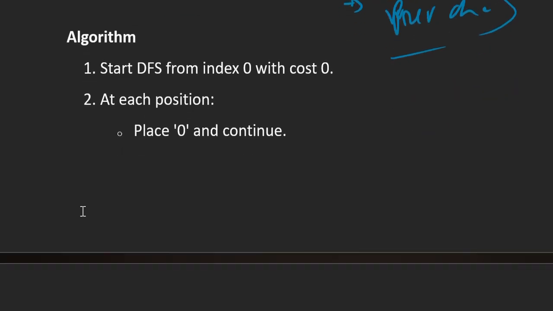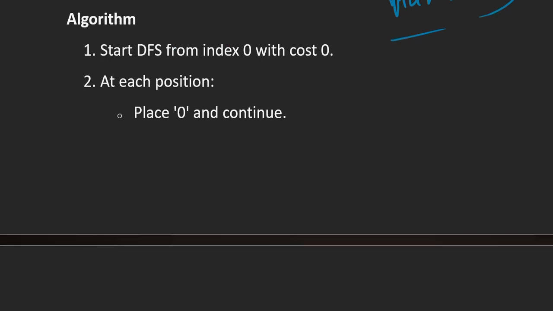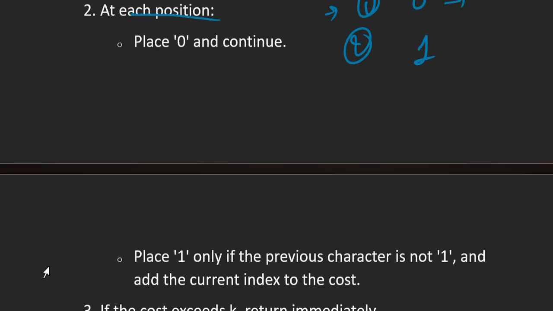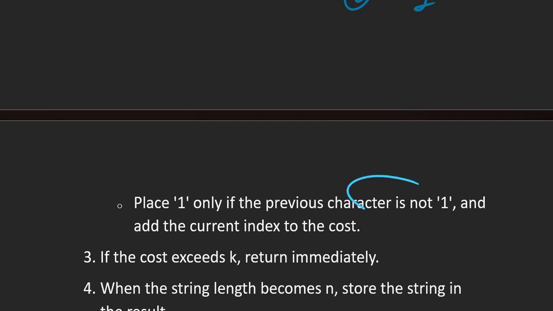We start depth first search from index number 0 with cost equal to 0, and at each position we have two options: first place 0 and then continue. The second option is to place 1 if the previous character is not 1, and then we increase the cost by the current index, that is cost plus I.